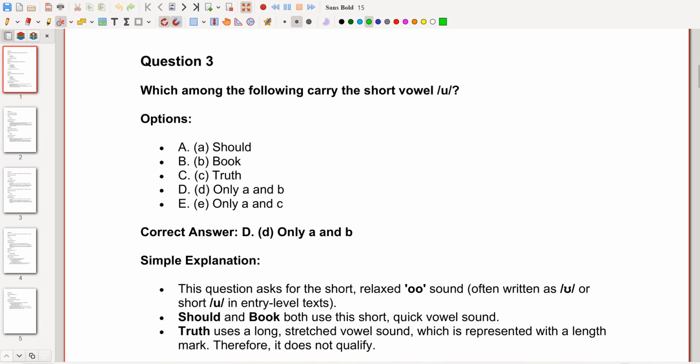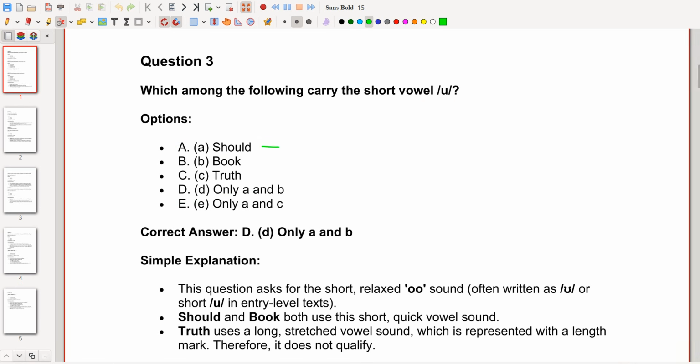Question number 3. Which among the following carry the short vowel U? See, this is the U sound, right? So we are going to check which of the following words are carrying the short vowel U. See here, should, we are getting the U sound.